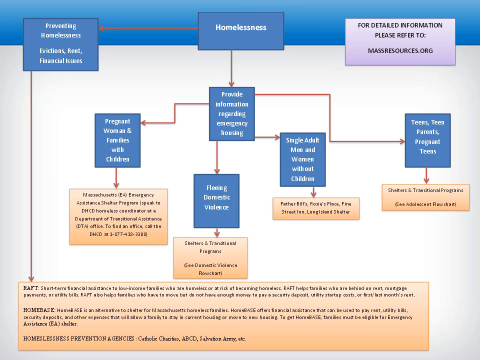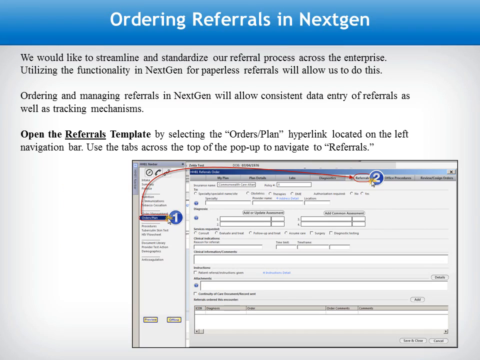There are shelters for single adult men and women without children, such as Father Bill's, Rosie's Place, Pine Street Inn, and Long Island Shelter. And then there are also special programs for teens, teen parents, and pregnant teens. So we can support patients in finding the right fit and explaining the process on how to get into these different programs as well.